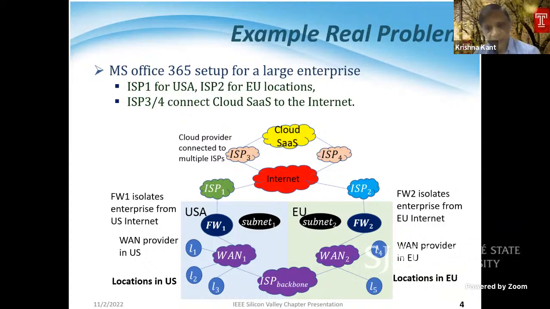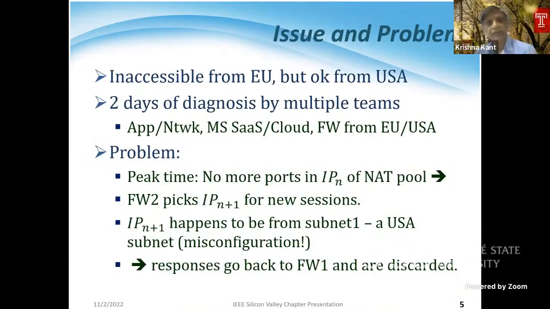But when the load was heavy, then some customers were not able to reach the Office 365 side. In particular, the people from the EU side were not able to access the service, but the access was okay from USA.